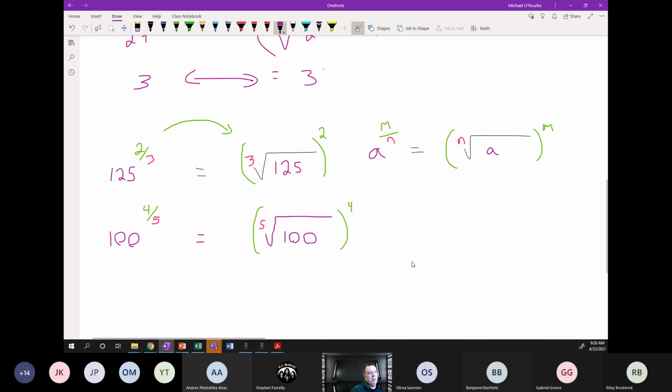I'm going to give you one now to work with. I want you guys to try this one. I want you to convert that from exponential form into a square root. Not a square root, a root. Okay.